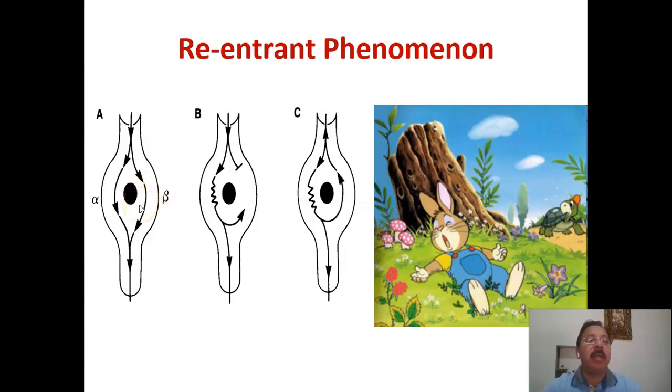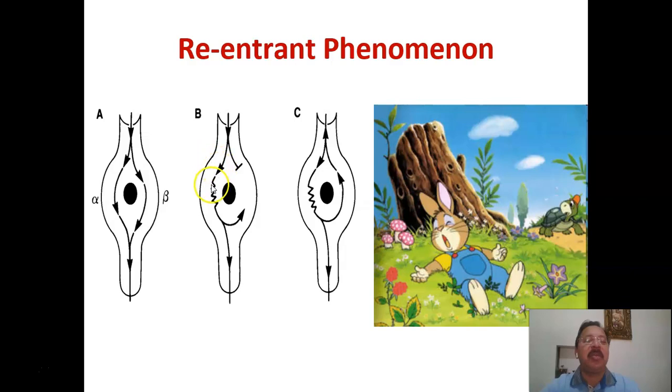On the other hand, the alpha fibers, they are slow. So what happens, the rabbit is sleeping, the fast pathways are in the refractory period, means they are in the sleeping mode. So here the impulse originates again, but from the ectopic focus, and it's carried out by the alpha fibers.